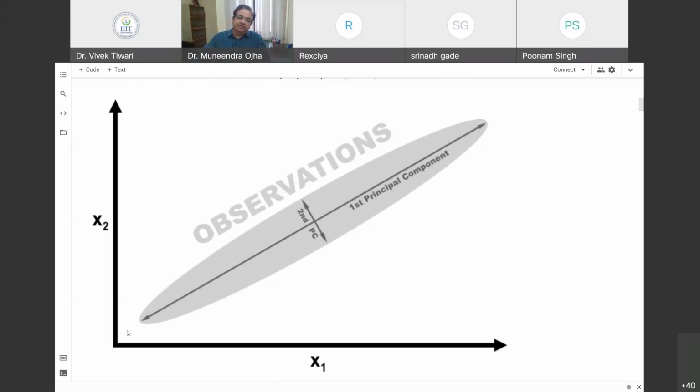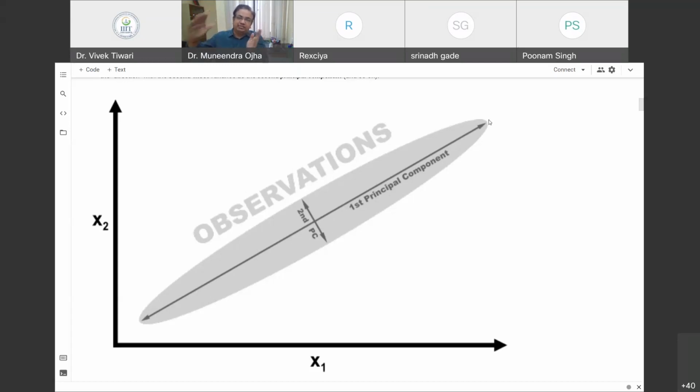The first principal component is the linear regression line on which all these data points are projected. You see these gray points are data points, but the black line is the regression line on which all these data points are projected. How projected? Such that this line represents the maximum variance, from the lowest edge to the highest edge.